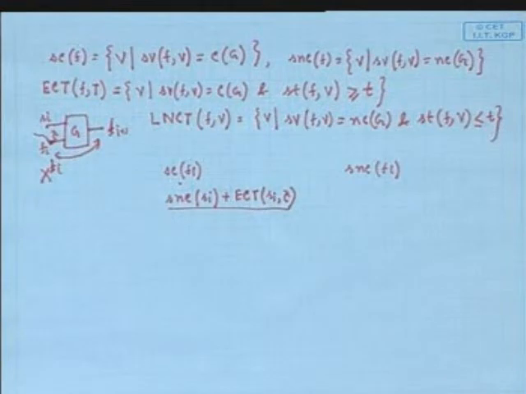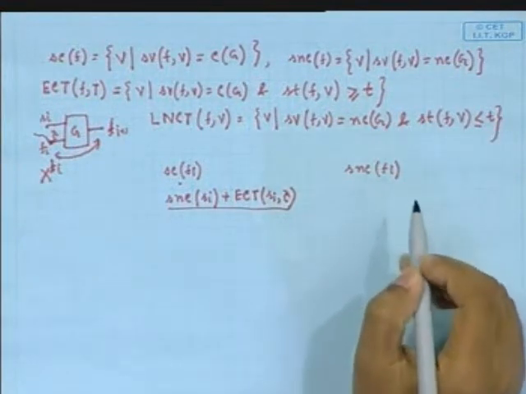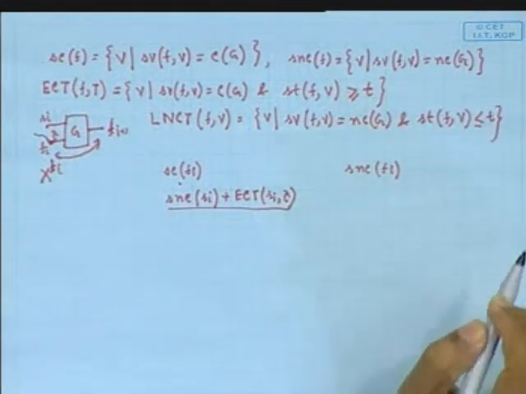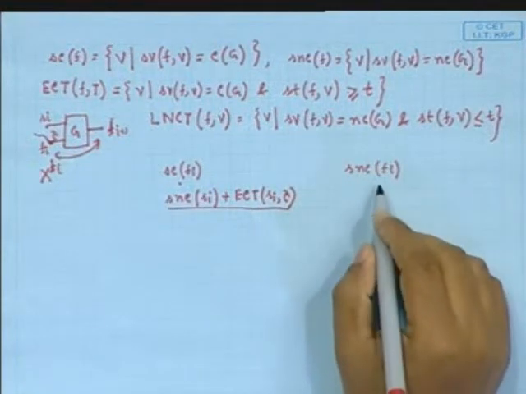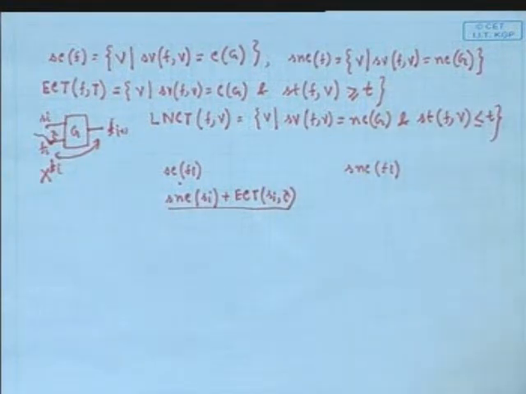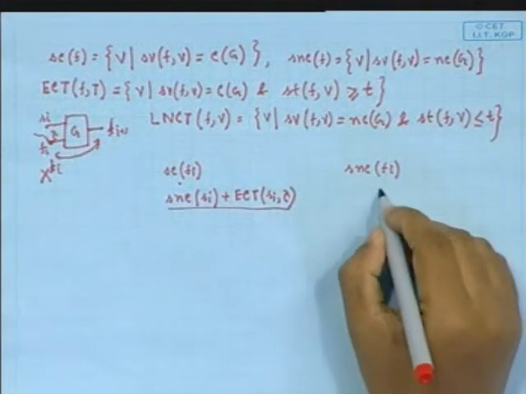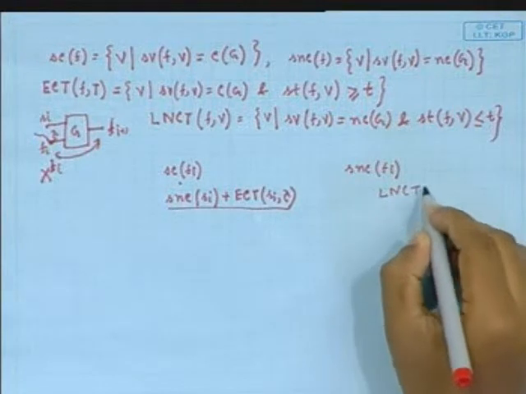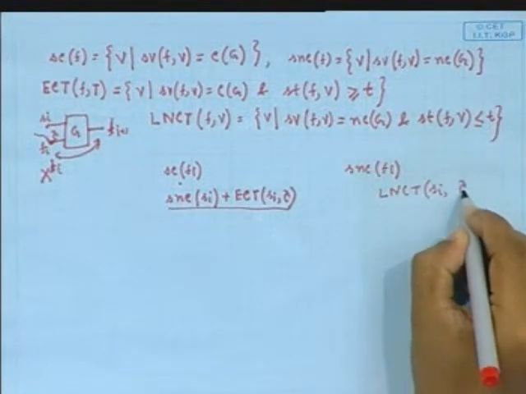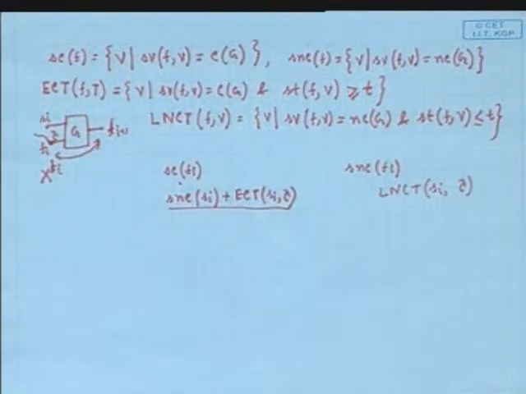The other case is when node Fi stabilizes to a non-controlling value. In that case, only one possibility is left: the other node has to stabilize to a non-controlling value and has to be later than node Fi. So that remains LNCT. Oh, sorry, earlier. It has to be earlier.